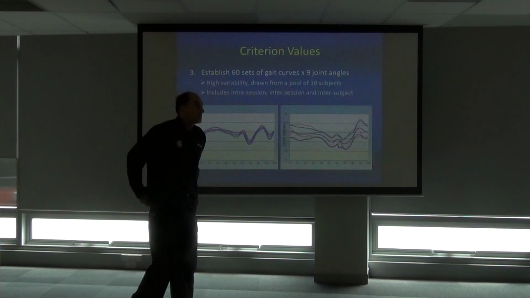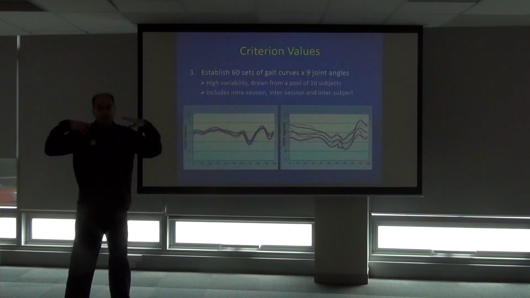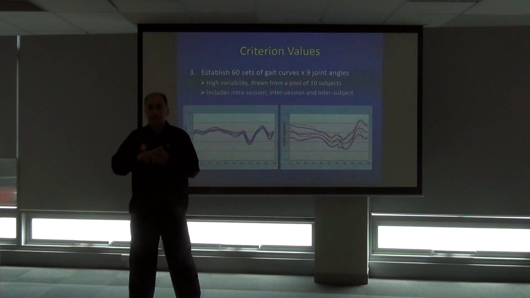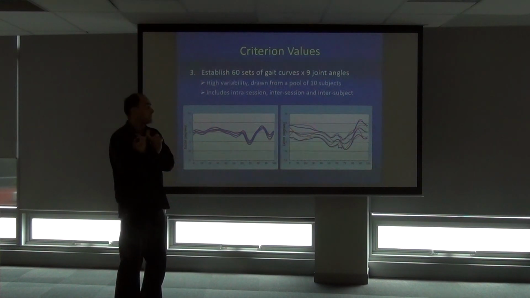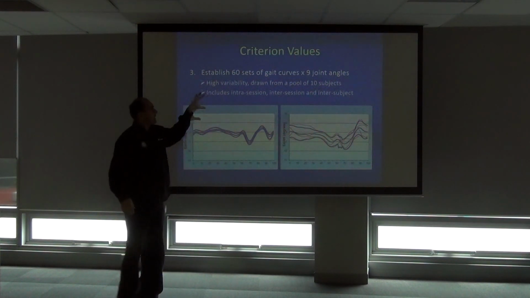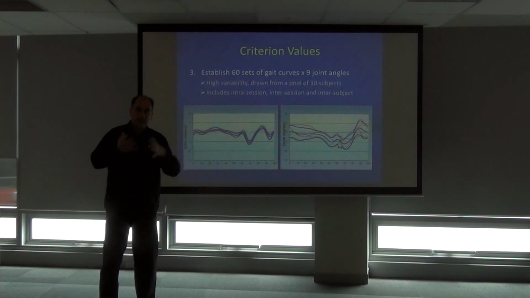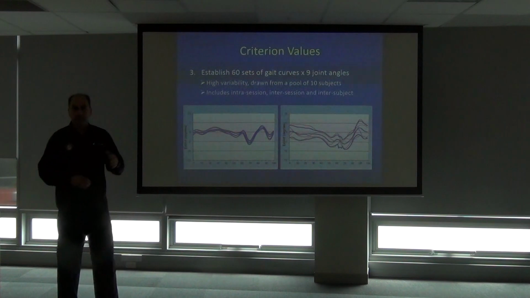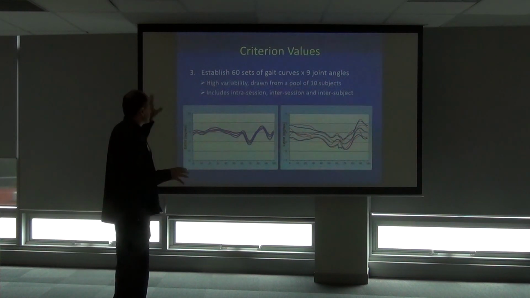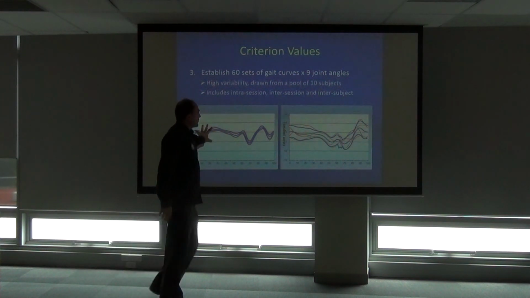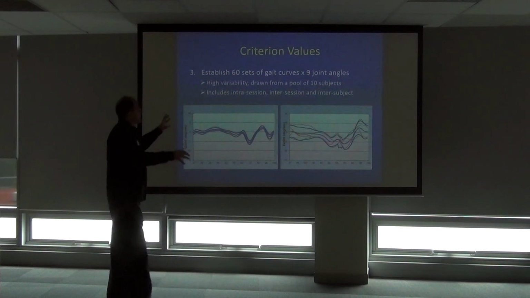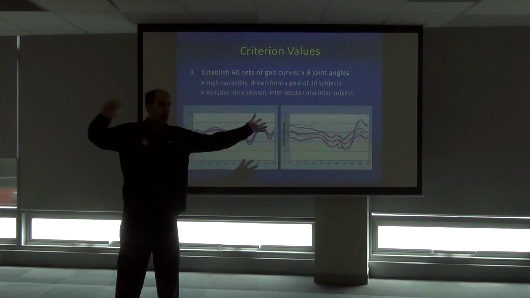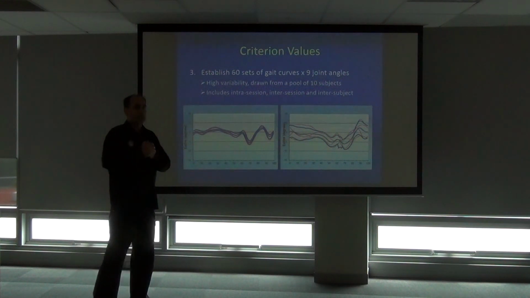Then what was done was, for all joint angles, there are 9 of them: hip, knee, ankle, flexion, extension, abduction, adduction, internal, external rotation. There are 60 sets of gait curves for each, that's 540 odd gait curves. They're pulled from a large pool, data measured from 10 subjects.